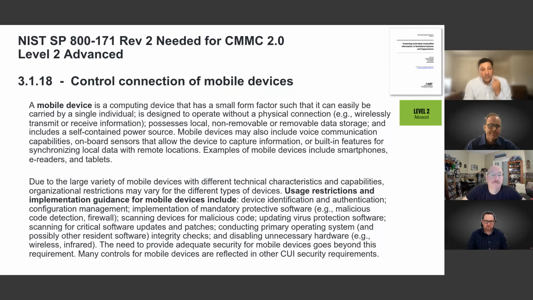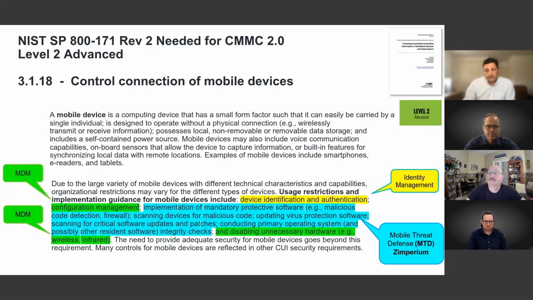Right. So just moving forward, in NIST 800-171, they define the mobile device. They talk about it being portable, having a small form factor and its own power supply. But basically, they're separating it from a laptop. And we know that difference, and it's pretty clear. But they also go forward and talk about why you need mobile device security and protection specific to mobile devices, different than a traditional endpoint.